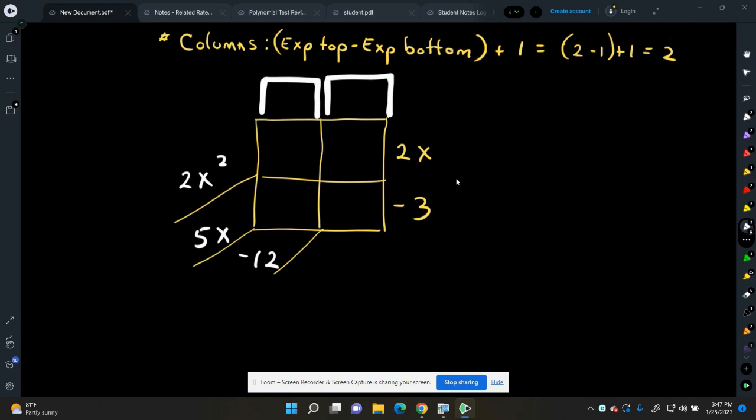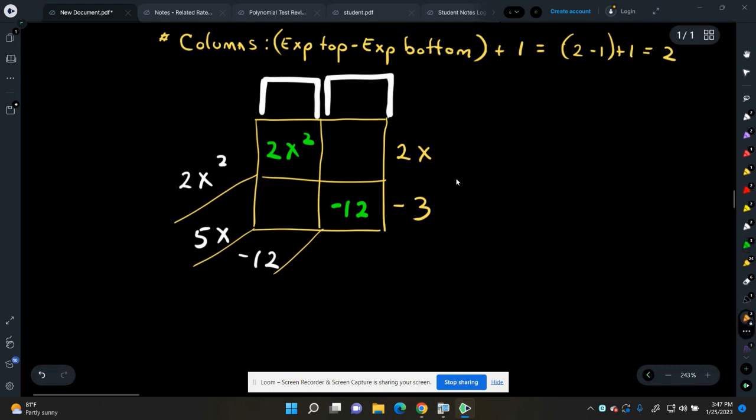Remember, if I divide, then that's the opposite of multiplying. Okay, so let's bring up our corners. Let's put our negative 12 there, and we'll put our 2x squared here. This is kind of like the key to the whole thing, all right? So what would I have to multiply that negative 3 by to get a negative 12? Yeah, I'd have to multiply by positive 4.